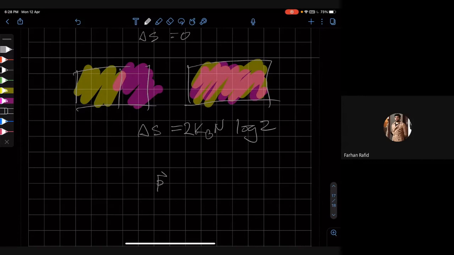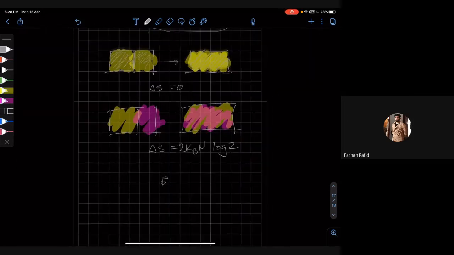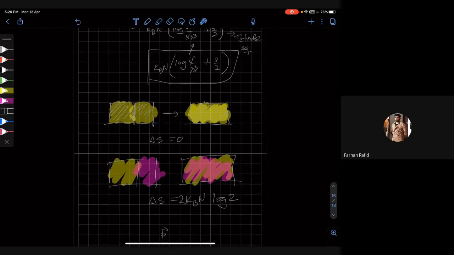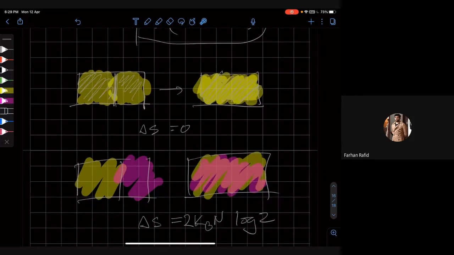You viewed this 2-gas system with 2 equations. Could you explain those 2 equations' significance again? Yeah. So here we have the case where we have 2 same kind of gases in 2 different chambers, and we have a partition in between.